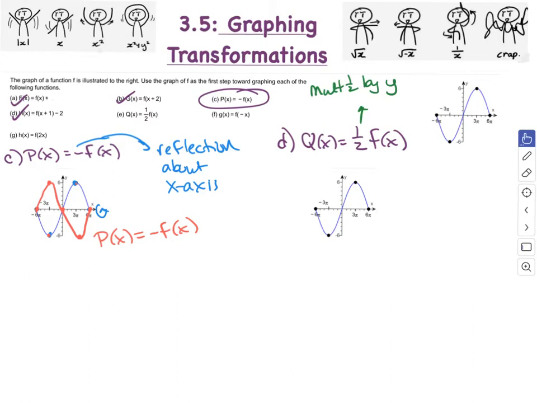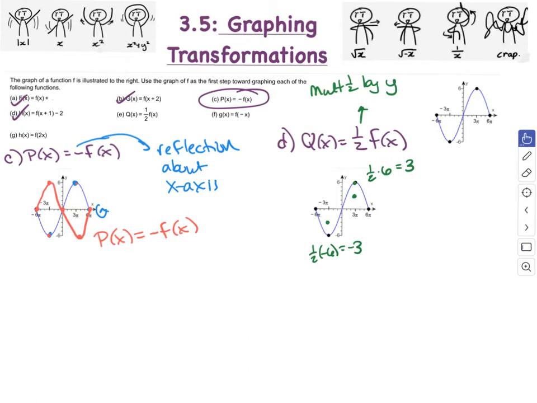So in other words, if we're, let's say here at y equals 6, 1/2 times 6 would be 3, and that would be down here. The x value is not going to change at all. 1/2 times negative 6 would be negative 3.